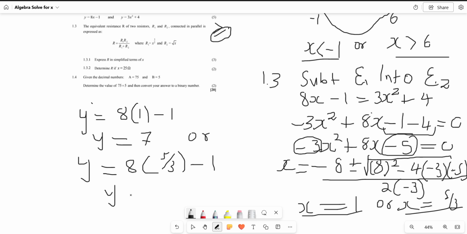Then y is equal to 8, open bracket, 5 over 3, minus 1. Then the second value of y will be 37 all over 3. That is the simultaneous equation that we have here.